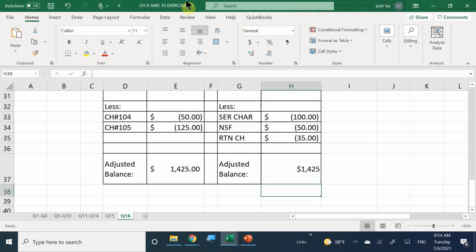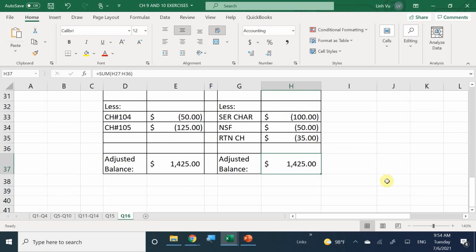And guess what? We match on both ends. Therefore, we've completed our bank reconciliation correctly. No discrepancies here, no mistakes anywhere else, right?